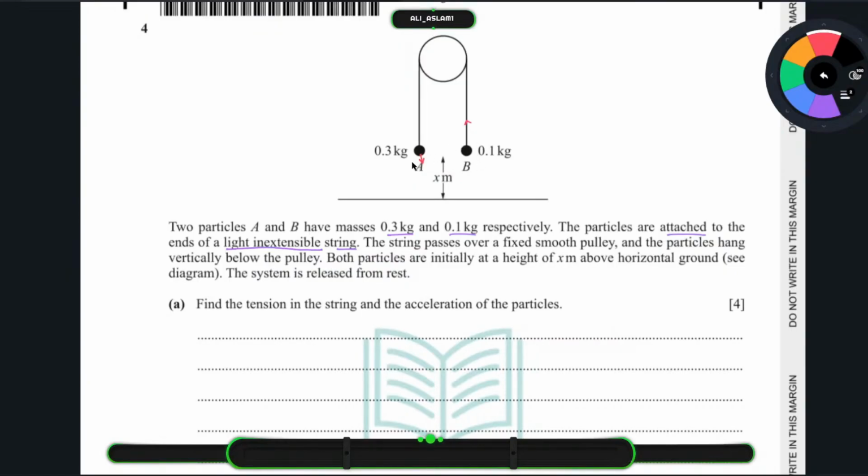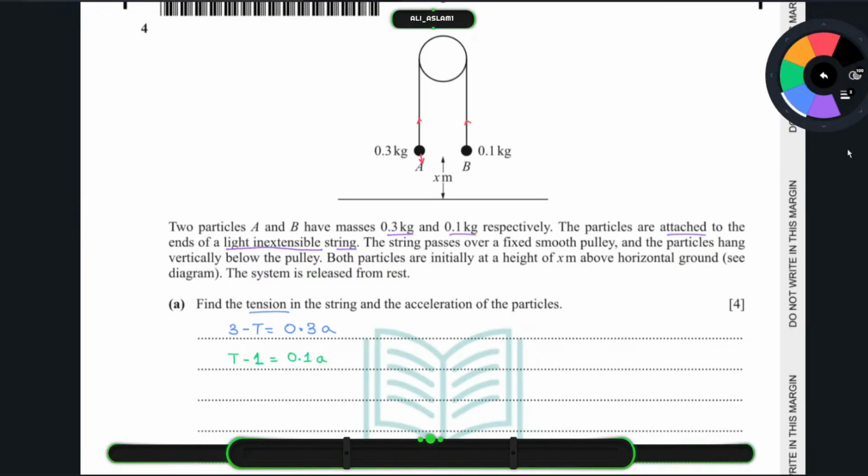So here it would be a resultant force. We will have two equations, or if we are considering the whole system, we cancel out the tension, but we have to find the tension. So 3 minus T is equal to 0.3A, and T minus 1 is equal to 0.1A.